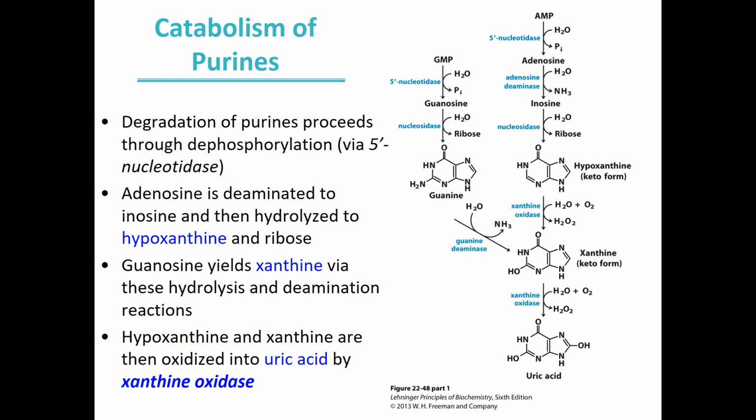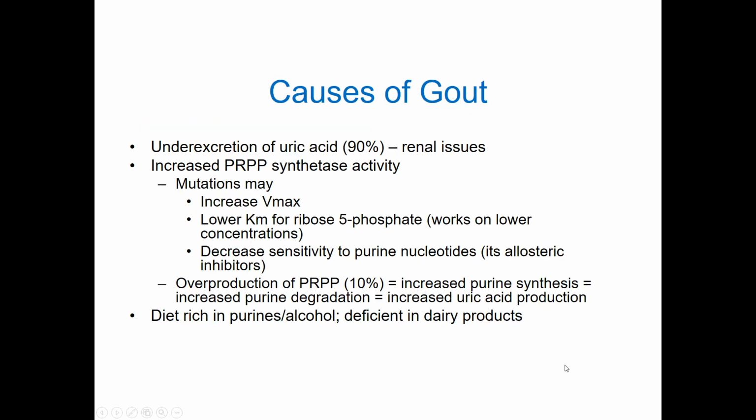This is a very straightforward breakdown process, but we see some pretty severe issues if we have any type of error in the breakdown. This can be excessive breakdown by an overactive xanthine oxidase, or simply we have too much uric acid produced because we have too many nucleotides for some other reason. When we have excessive amounts of uric acid, we call this disorder gout.